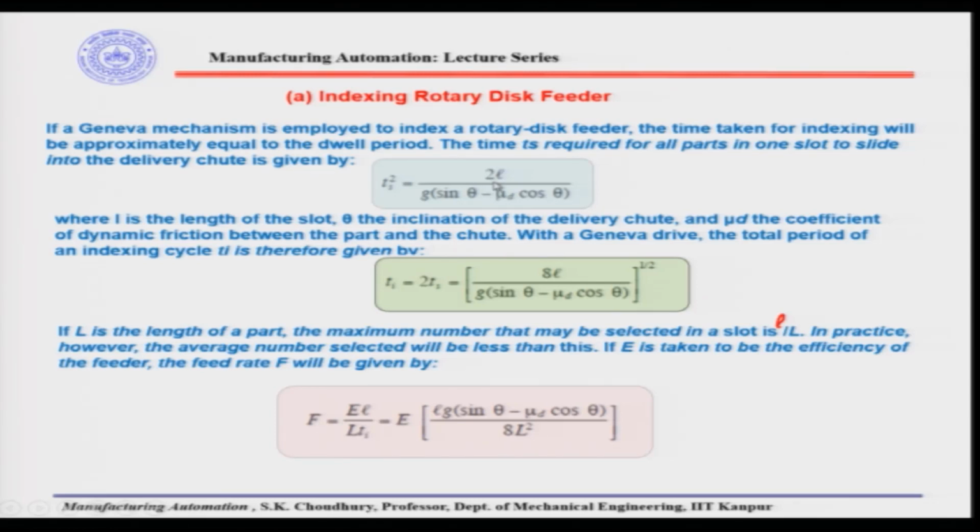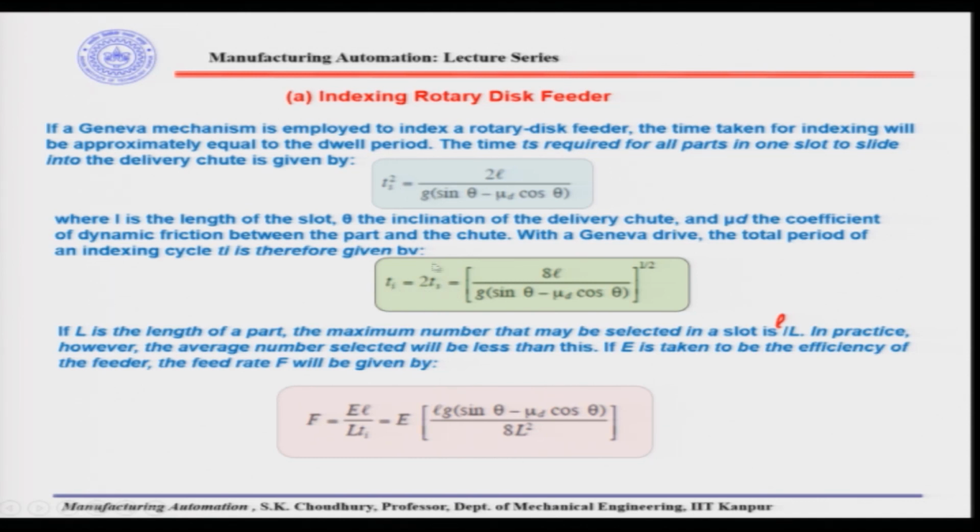Again, if you remember, L is equal to half A T square, from which we found T s. Here also it is the same way, and we can find out T s, the time required for either indexing or dwelling, and we are assuming that this is the same.